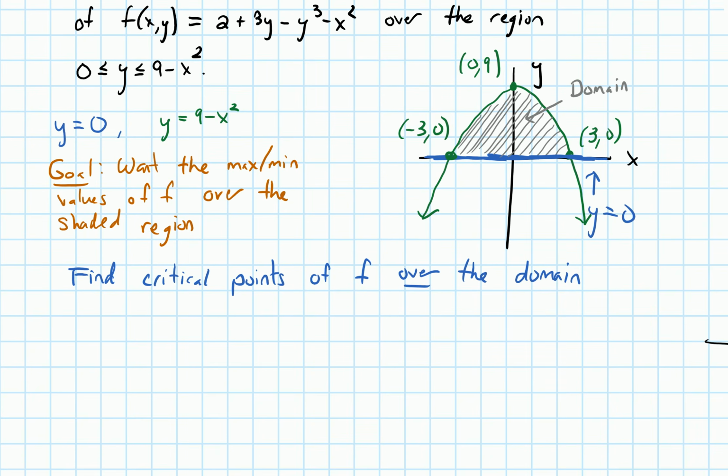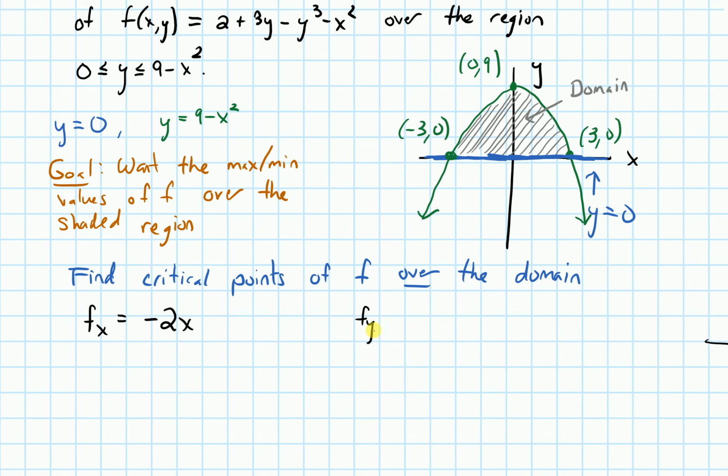Okay, so to find the critical points, let's take partial derivatives. So the partial with respect to x is negative 2x, because 2 is a constant, and then the next two terms only have y as the variable. So when I take the partial with respect to x, the first three derivatives are all 0. So I only end up with the derivative of negative x squared, which is negative 2x.